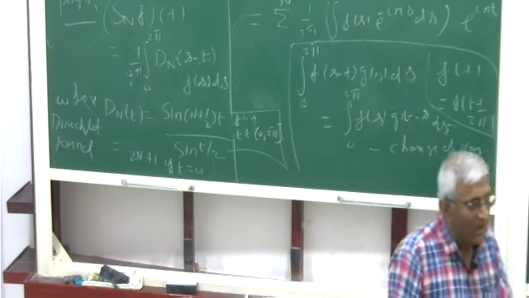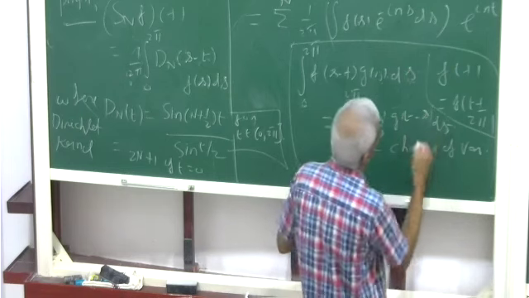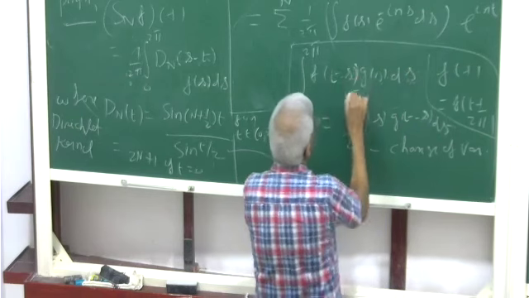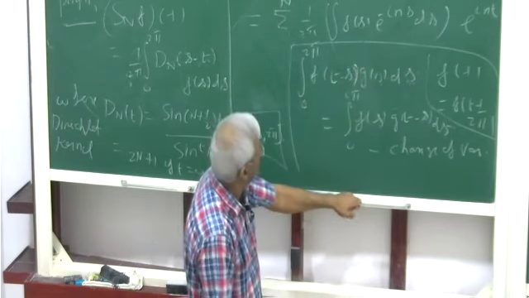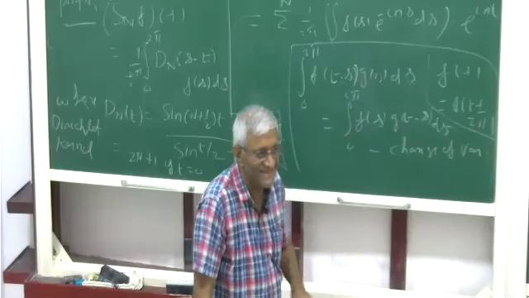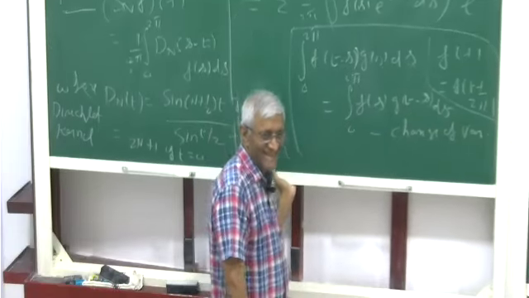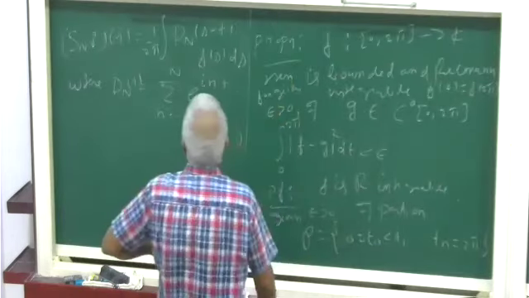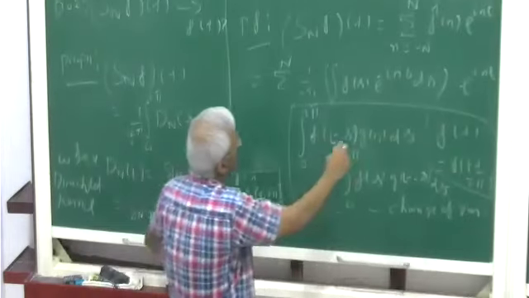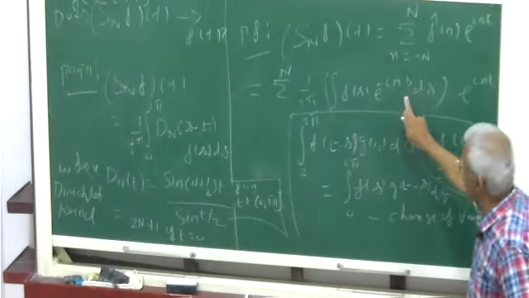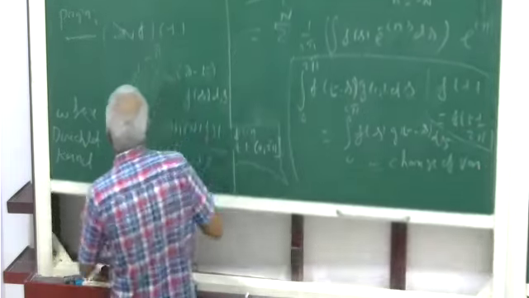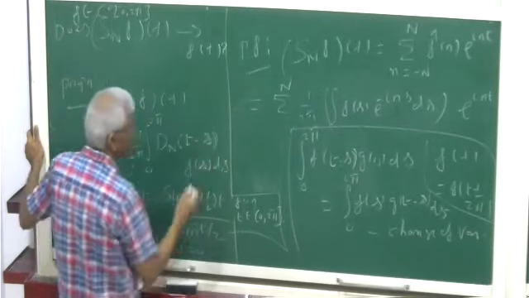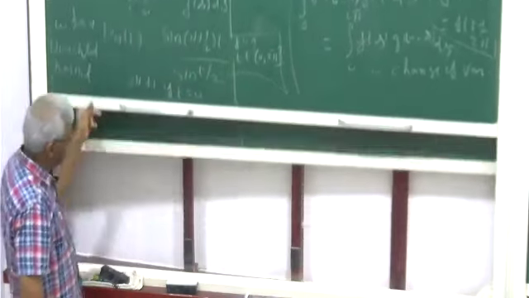Both places it's t minus s. Now here you have e^{-in(t-s)}.